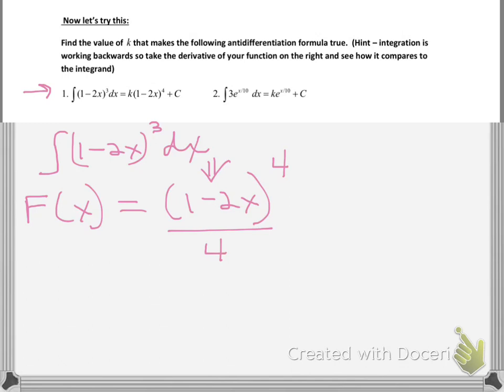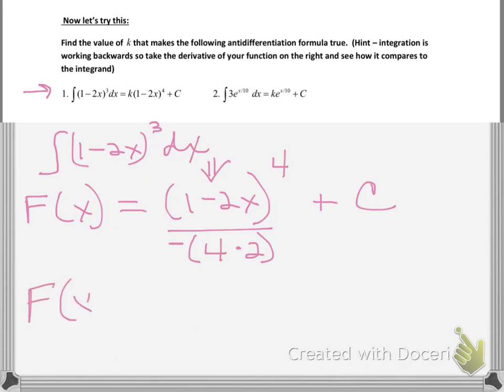I would have multiplied, if I was taking the derivative, by negative 2. Instead, I'm going to divide by negative 2. So down here, I'm going to put a negative, and I'm going to say times 2. And then don't forget the constant of integration.